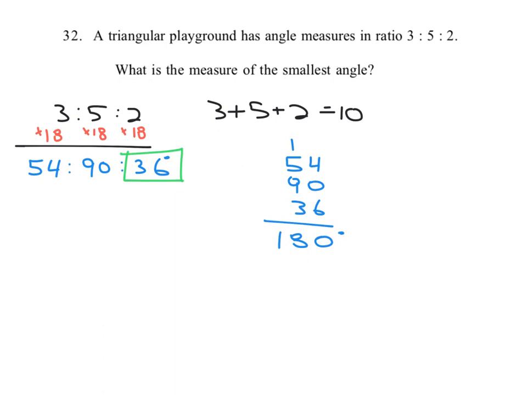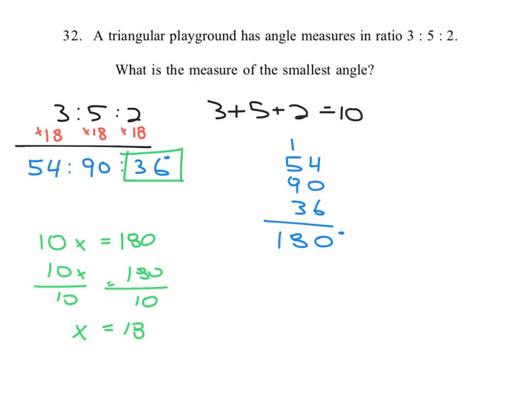So really what you're saying is 10x equals 180. Then dividing both sides by 10 is where I got the number 18 that we need to scale the whole thing up by. So that's what we did here: times 18, times 18, times 18.